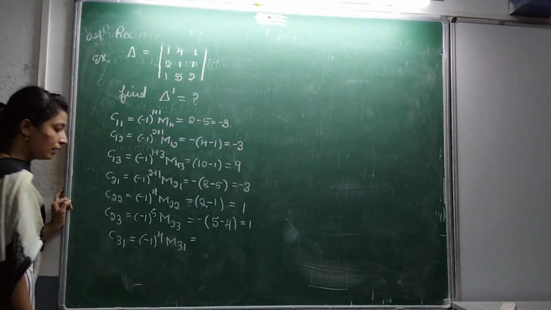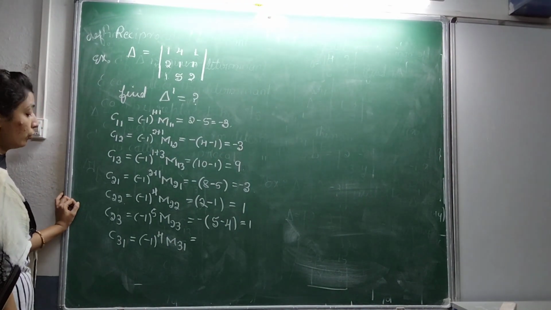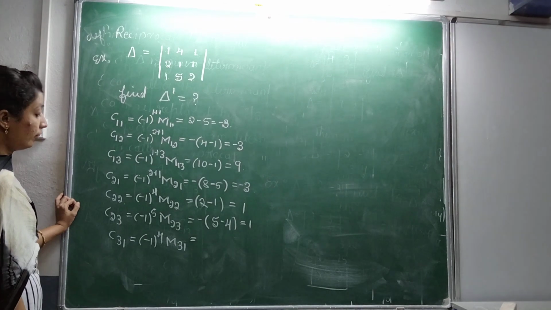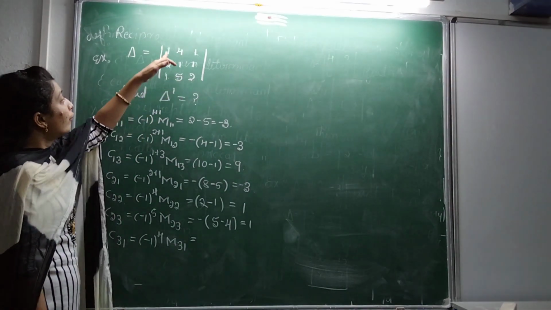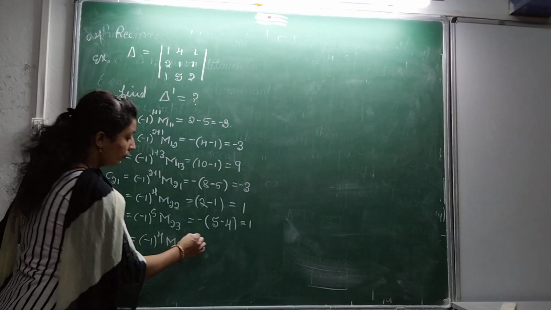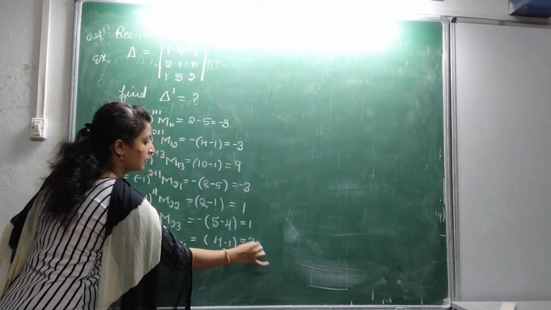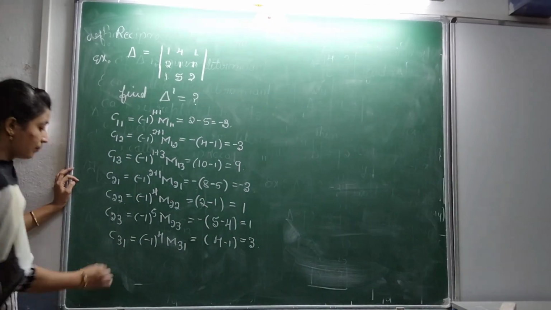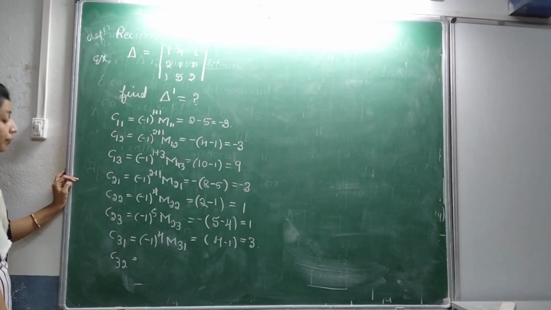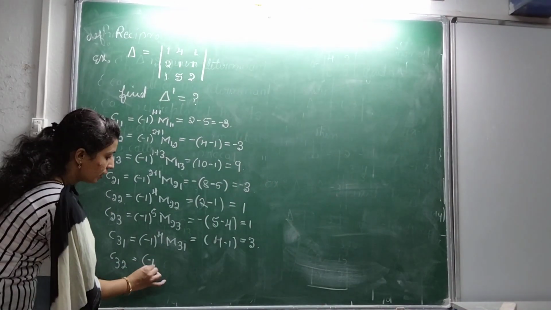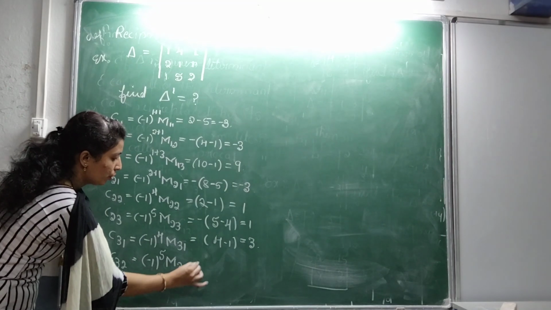Leaving the third row, first column, elements are 4 minus 1. Next C32: minus 1 to the power 3 plus 2, it is 5, M32.